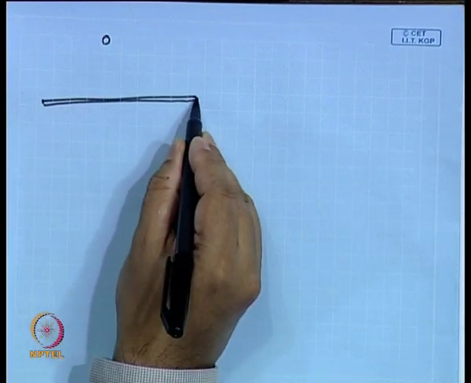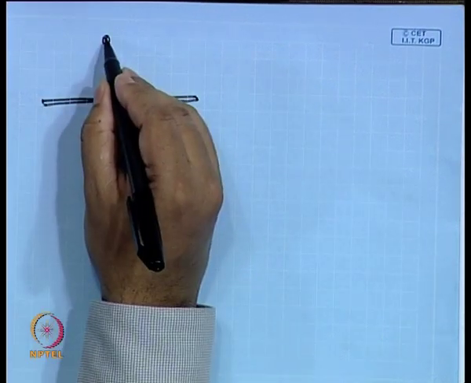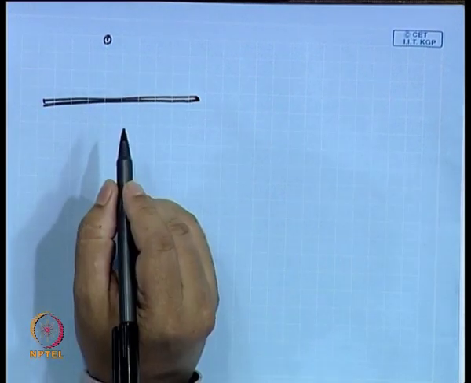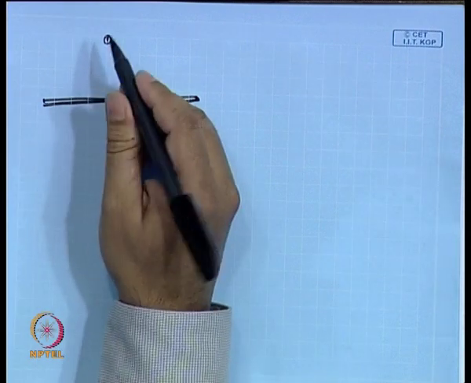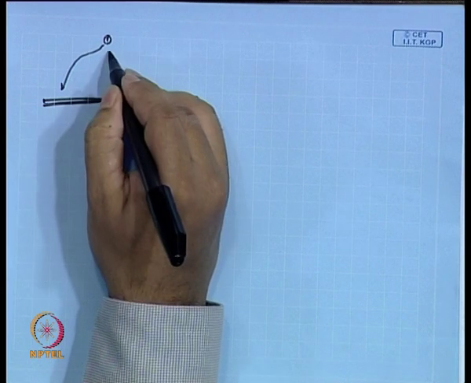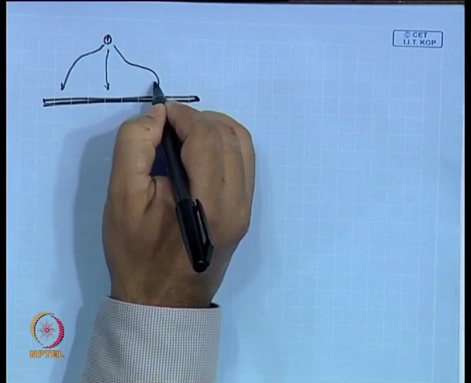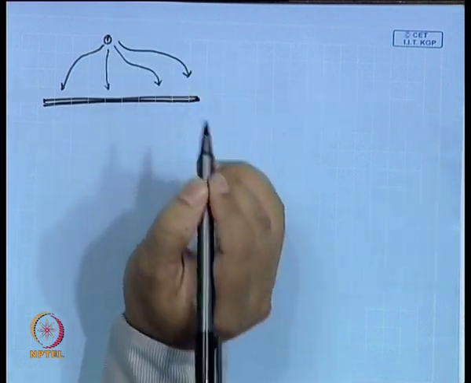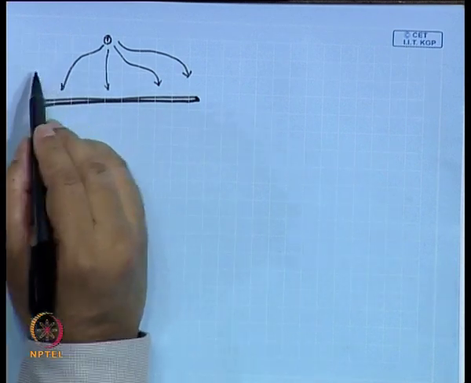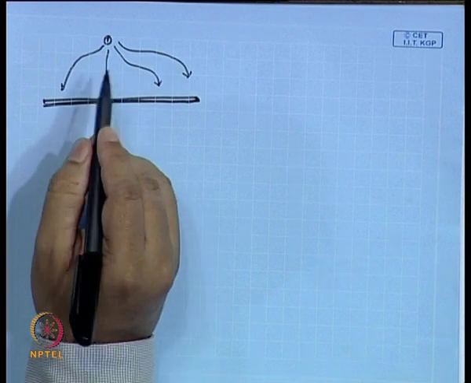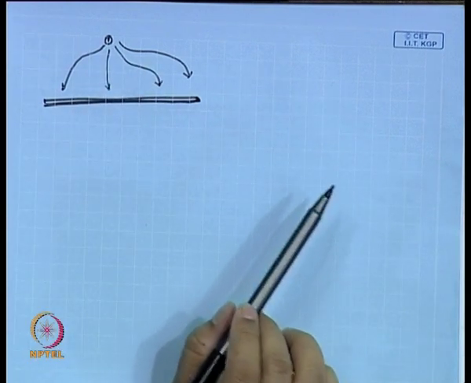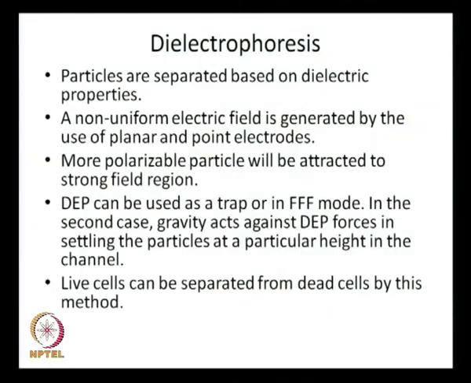So, one electrode is a point electrode and the other electrode is a planar electrode, and the electric field that is generated here, if we look at these electrical lines of force, that is non-uniform, and when you are subjecting particles to this non-uniform electric field, more polarizable particles will be attracted to strong field region.